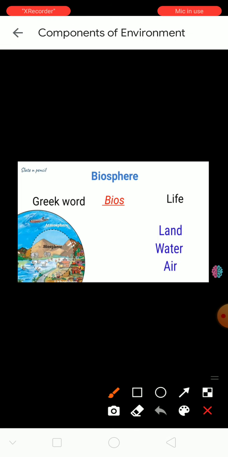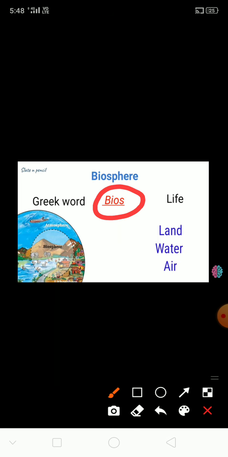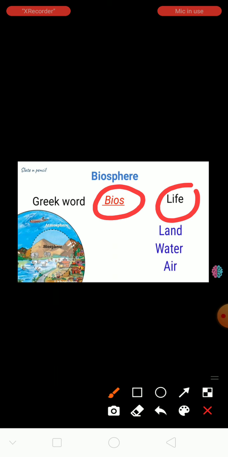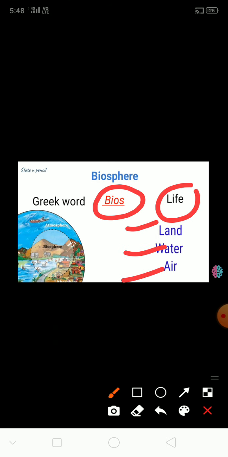Biosphere. What is biosphere? Bios is a Greek word. Bios means life. Biosphere is a narrow contact zone of air, water and land where living organisms exist.